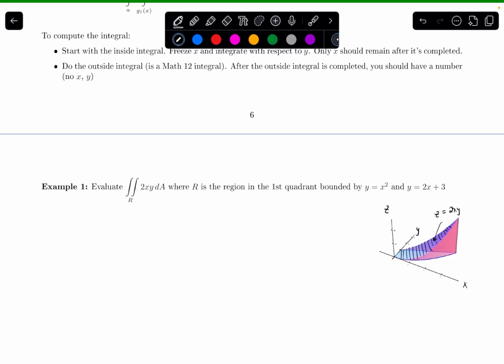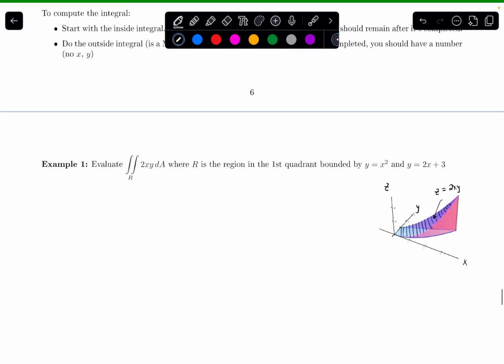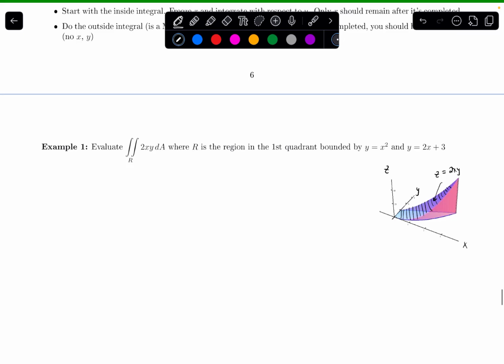All right, so to do that, I'll need to find my limits of integration. So I'm going to need to sketch that base region. So let's sketch just that base region R. So I'll draw my x and y axes. So y equals x squared is an upward parabola, where the vertex is the origin.